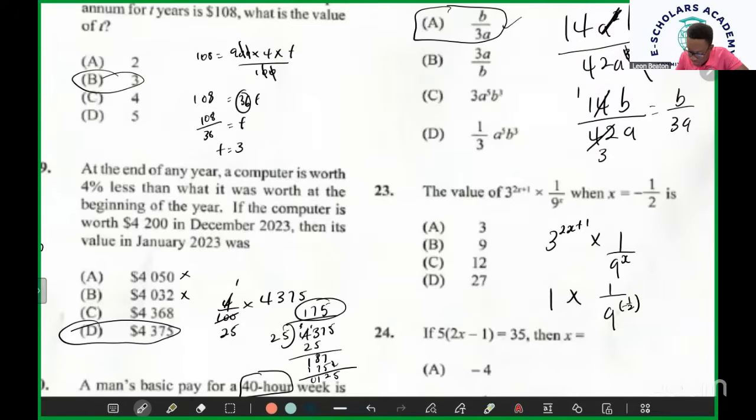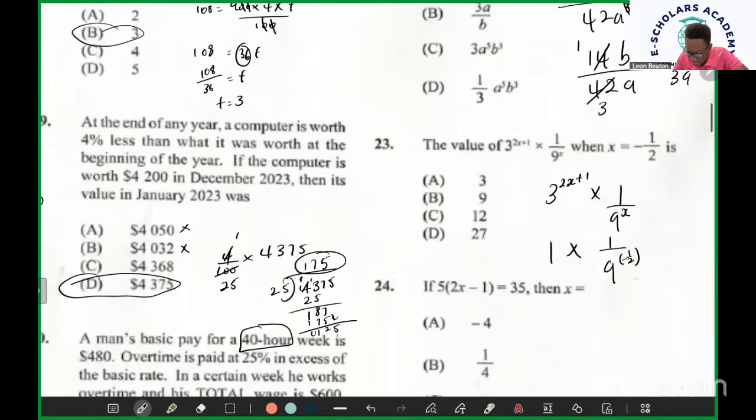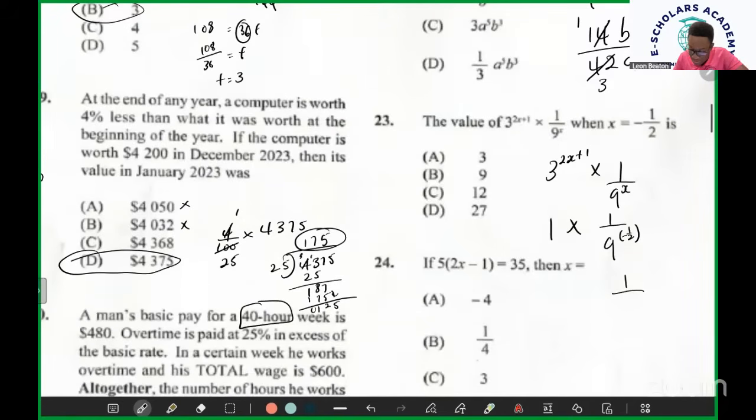So I know if I switch this, I'll end up with 9. CXC went all out here. Sure, there's an easy way, but let's go. So this will be 1 divided by 1 over 9 raised to the 1 over 2 power.